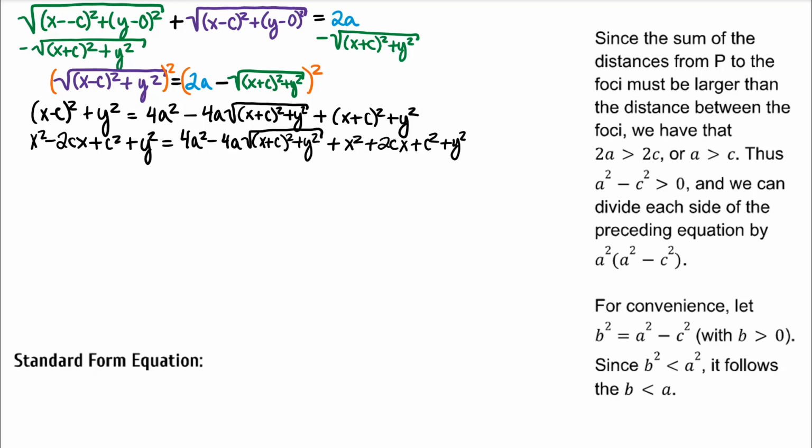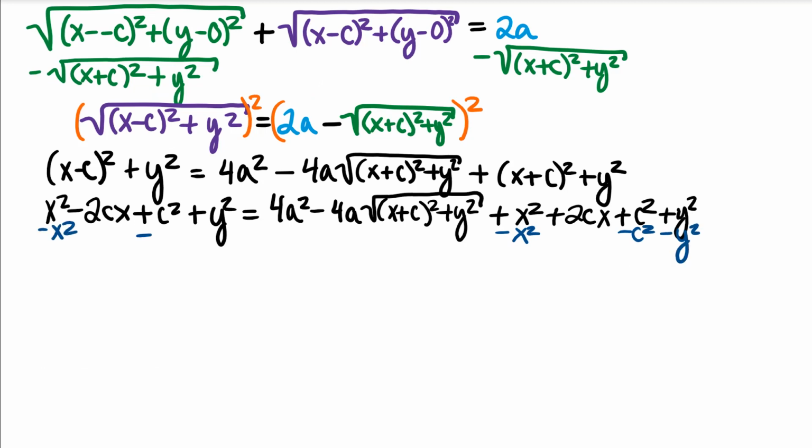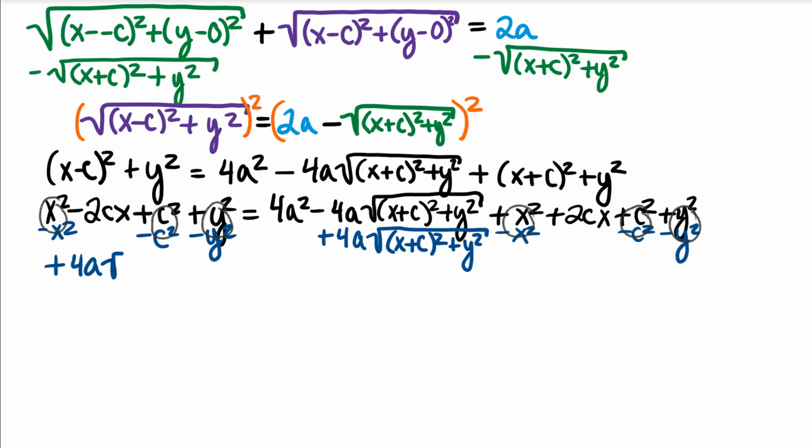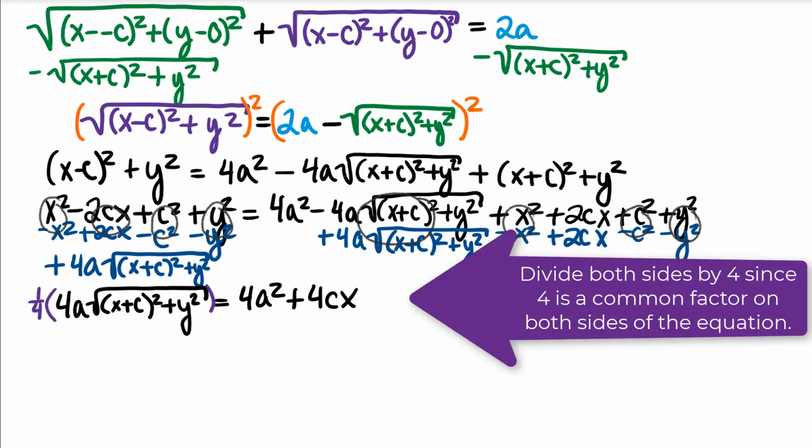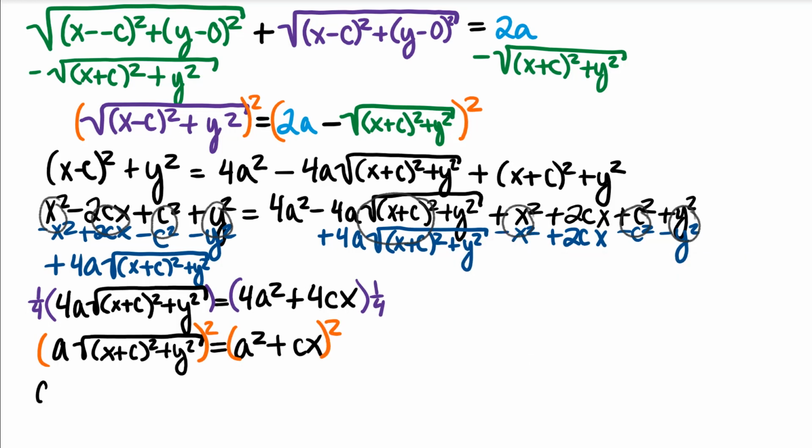Bring the remaining radical to one side and the other terms to the opposite side and square both sides again. Expand and bring all x and y terms to the left side and the other terms to the right side.